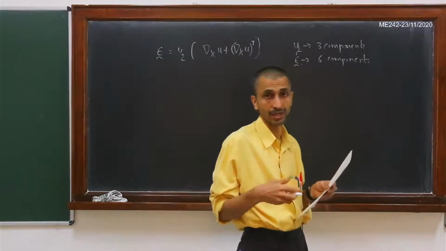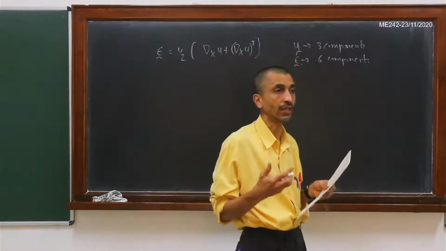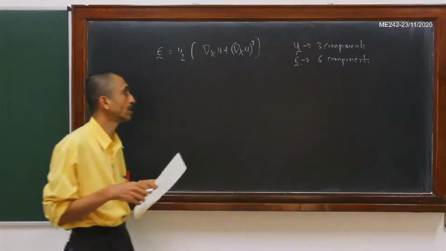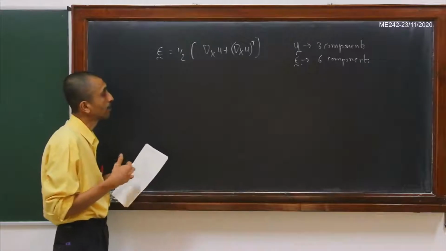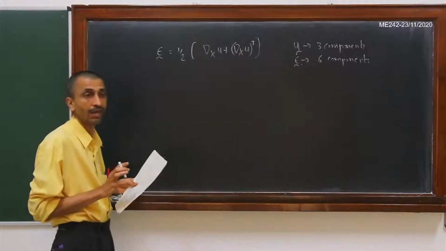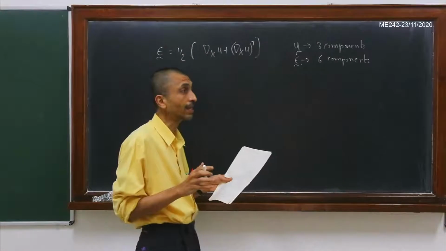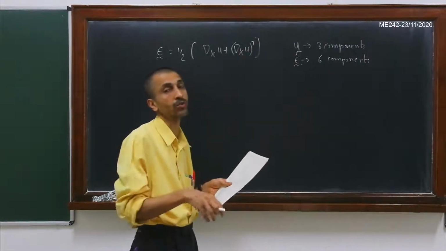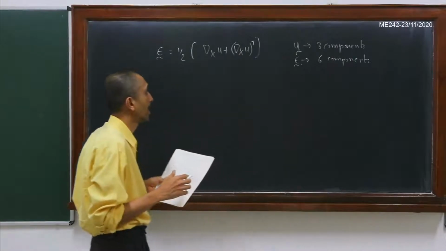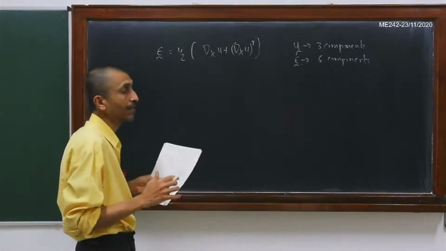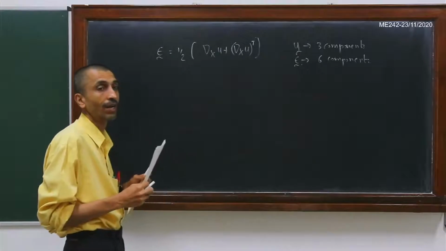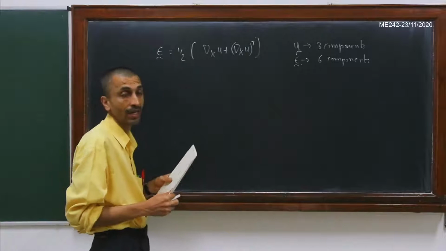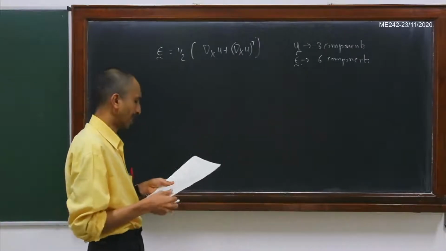The governing equation for the Airy stress function is actually obtained by imposing the compatibility relation. The point is that if we arbitrarily guess some stress components, then it is possible that there is no single valued displacement that corresponds to those stresses. So when will a single valued displacement field exist for a given stress state? That is only when these compatibility relations that I am going to talk about today are satisfied.